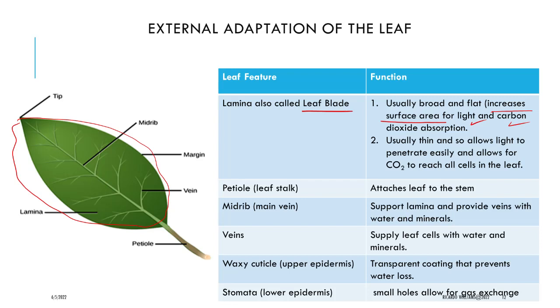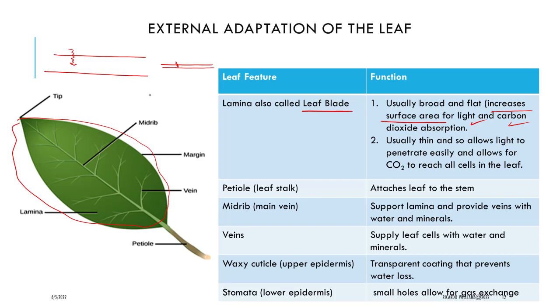Two, it is usually very thin, and because it is very thin, light can penetrate right through it. So all the cells in the leaf, when it is thin, will be exposed to the light, and the carbon dioxide diffusing in has a very short distance to travel, so it spreads very easily.